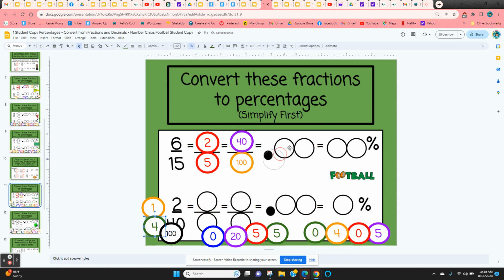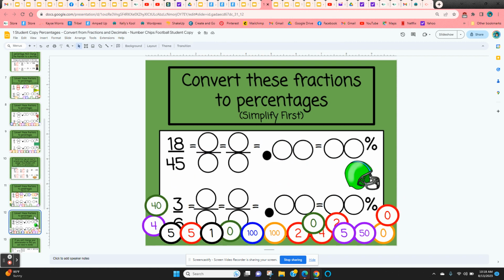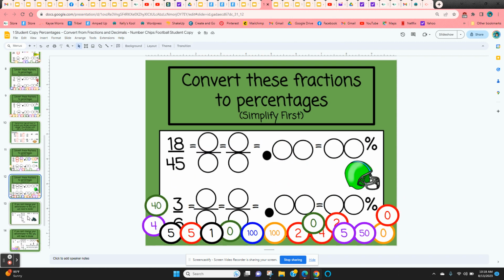As a decimal, I'm going to move the 4 and the 0 to give me 0.40, which would be 40%. So students are going to be simplifying first, then changing to an equivalent fraction with 100 in the denominator, then changing to a decimal, and then a percent. Students are going to do that on the next slide also.